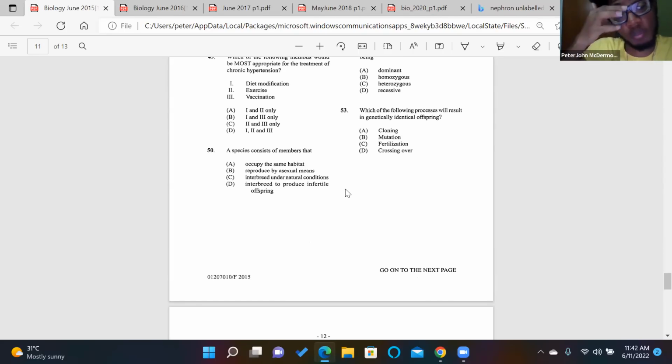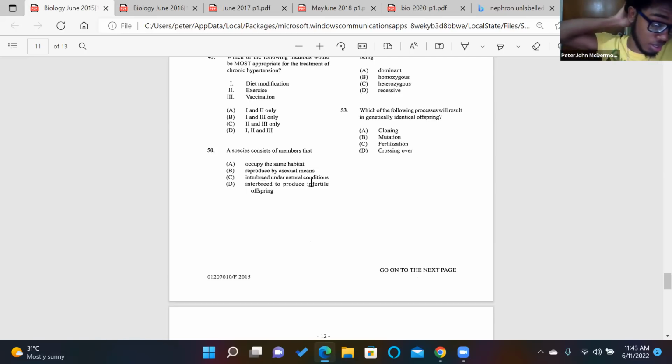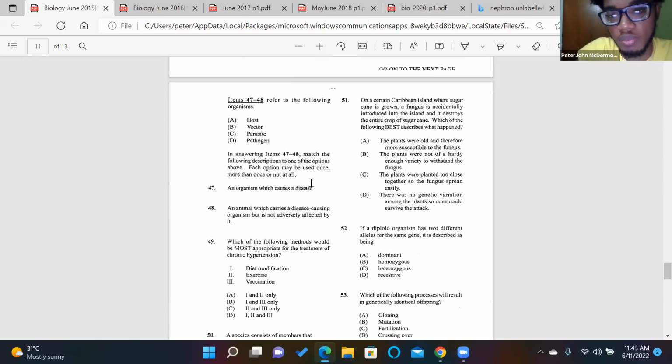Because for C, to be in the same species, I think you have to interbreed to produce fertile offspring, right? So interbreed under natural conditions. So I would probably go with A if that was me.